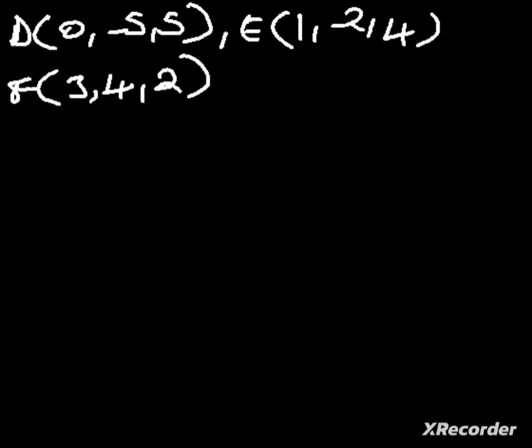So how can you show whether these points are collinear or not, using the same principle?